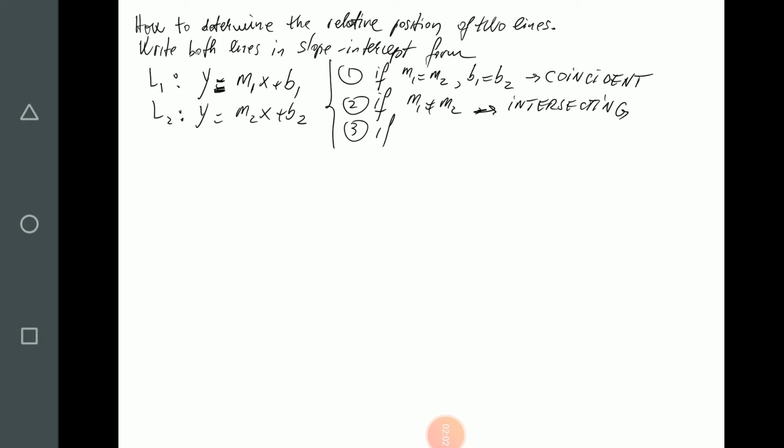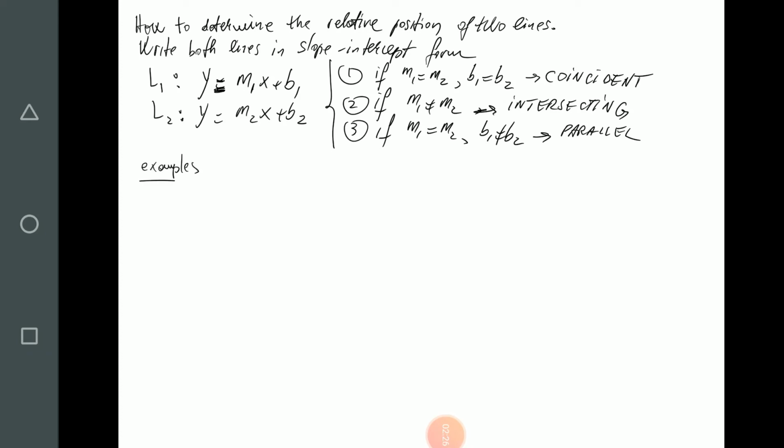And if the slopes are the same but the intercepts are distinct, then the lines are parallel. So you can determine the relative positions without sketching it, right? So let's go over a couple more examples.